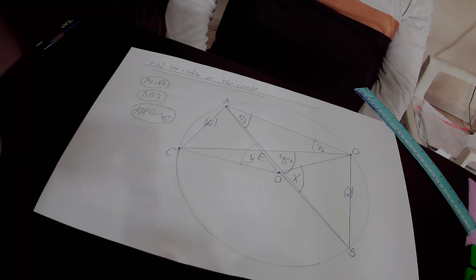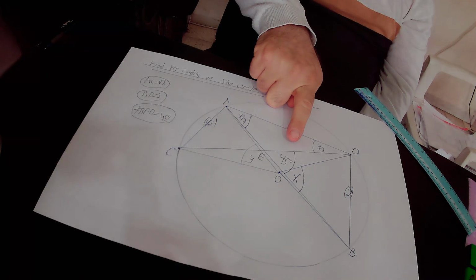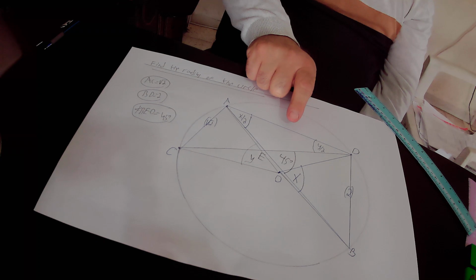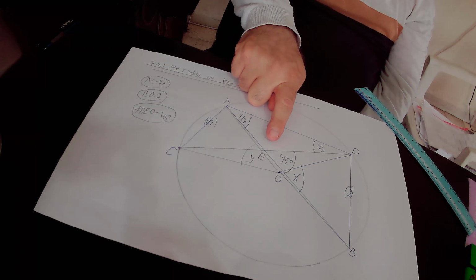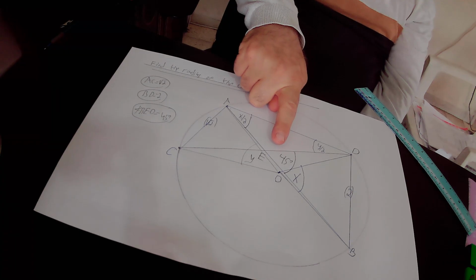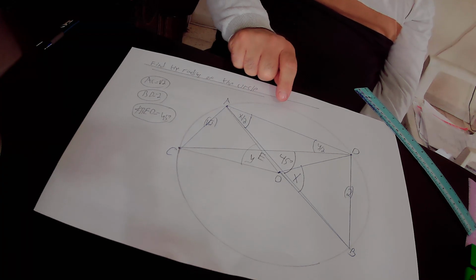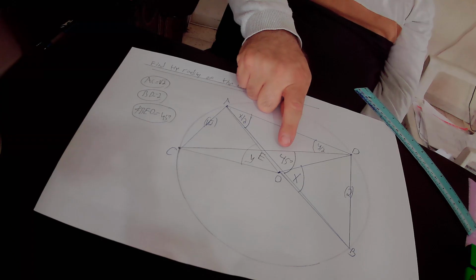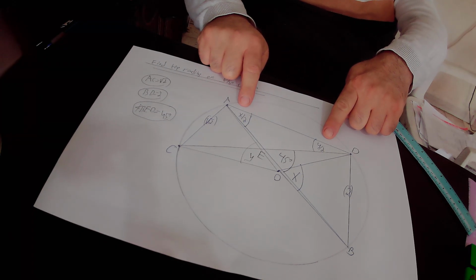According to Rule 4, the size of this exterior angle E, that is 45 degrees, must be equal to the sum of the two interior angles that are not adjacent to it. The other two angles that are not adjacent to this 45 degree angle are x over 2 and y over 2.